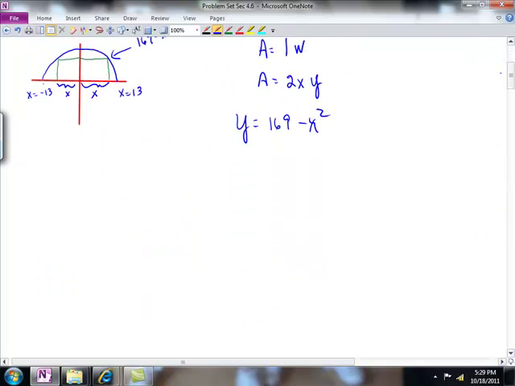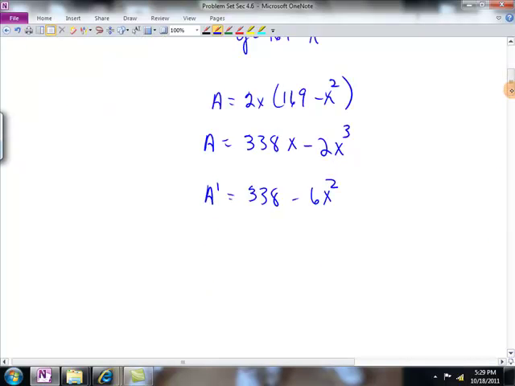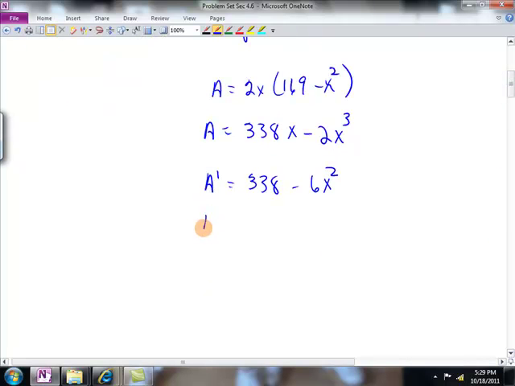So I can now say that A is equal to 2x times 169 minus x squared. And then I'll multiply that out. A prime then is 338 minus 6x squared. Whoops.